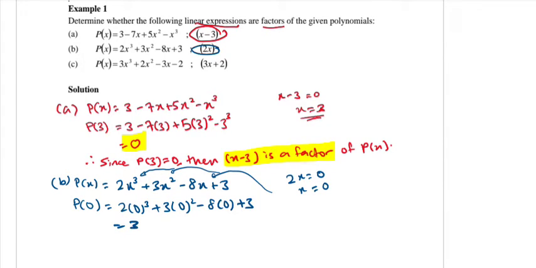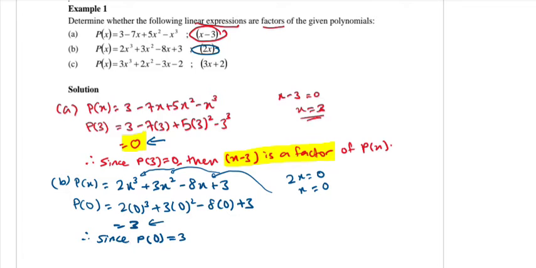The answer is 3. Since when we substitute that value into the polynomial, the value of the remainder is not 0, so is it a factor or not? Remember, the rule for it to be a factor is that the remainder must equal 0, like in A. But for B, it's not equal to 0.